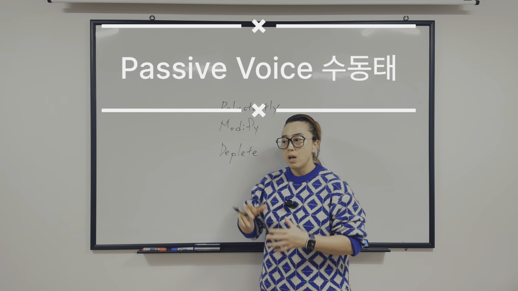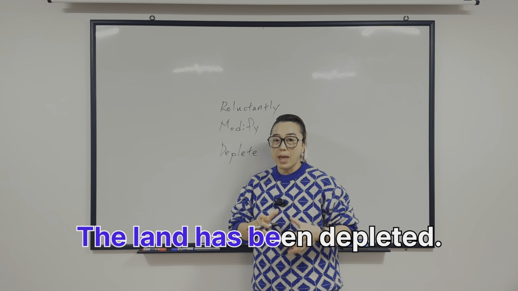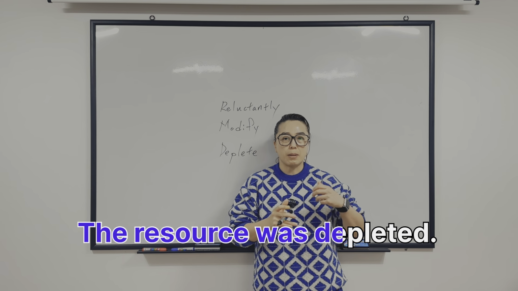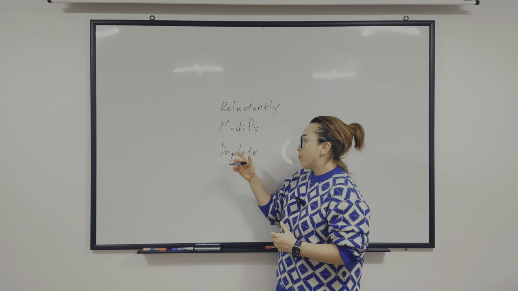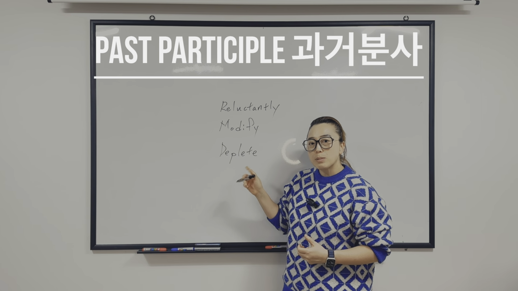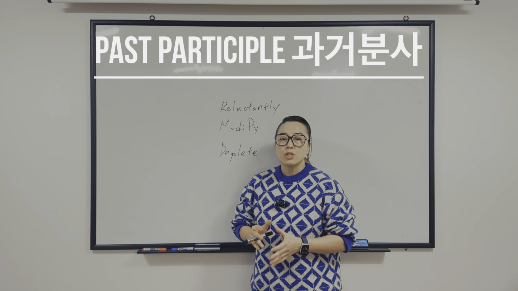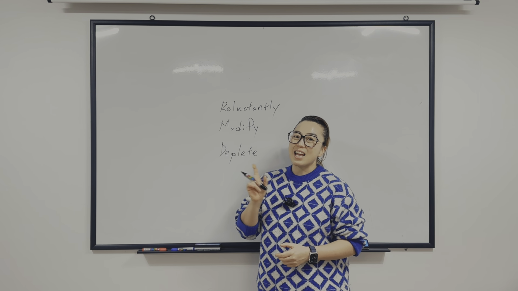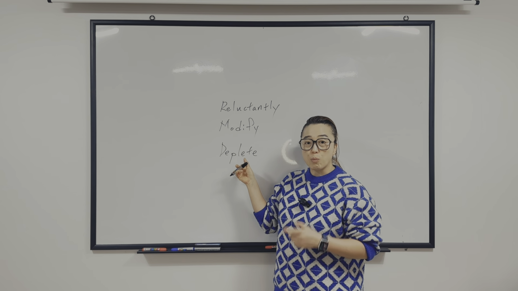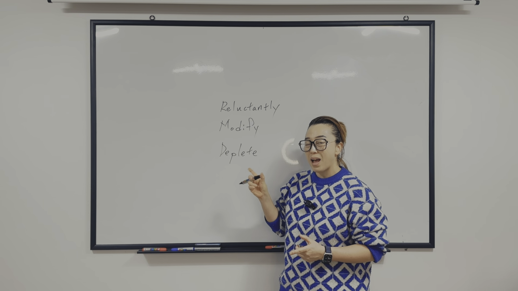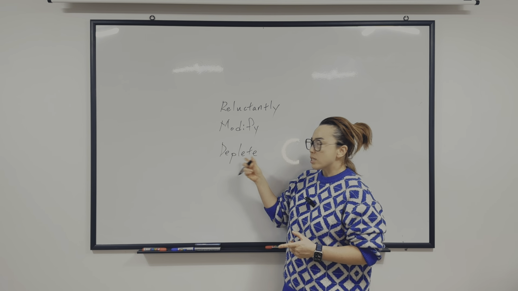For example, the land has been depleted. The resource was depleted. See, depleted is the past participle form, not the present tense. So you have to add D at the end. This is a regular verb, so you simply add D to make it a past participle. So this is a conjugation.